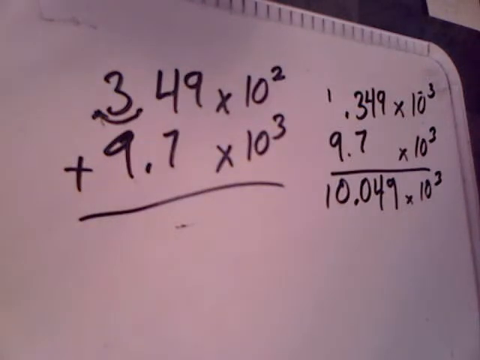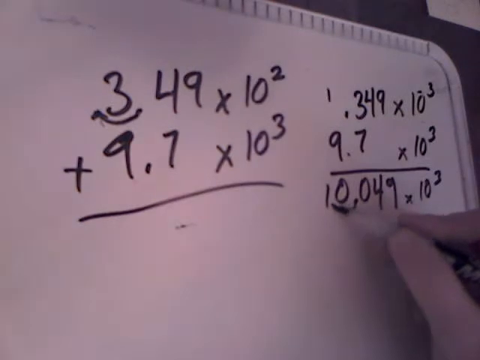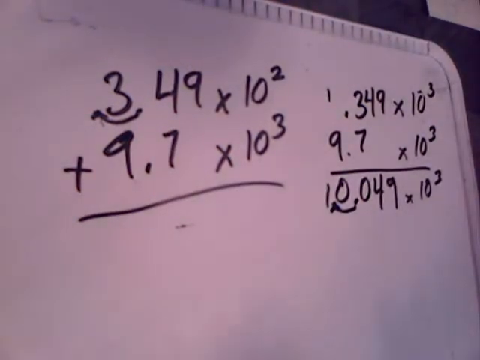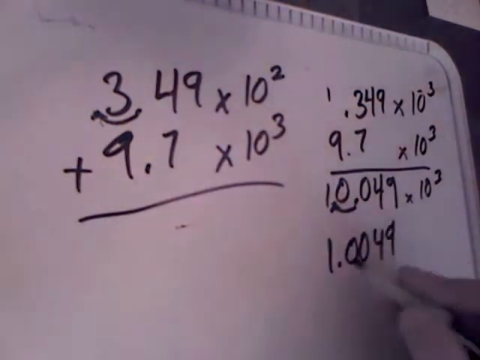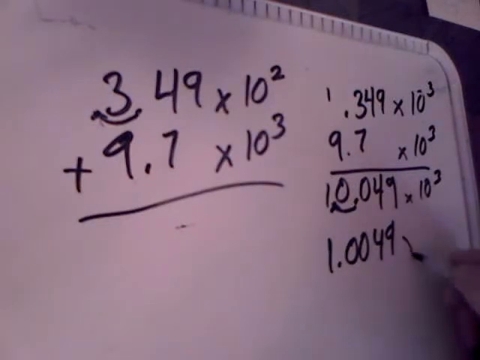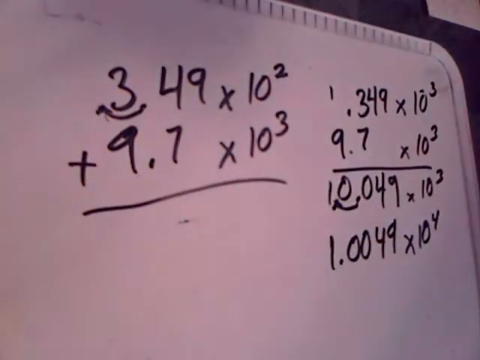And to put this in scientific notation, I'm going to need to bump this decimal over one place so that there's only one number to the left of the decimal. That's going to leave this number 1.0049 times 10, 3 plus this one other, which is times 10 to the fourth power.